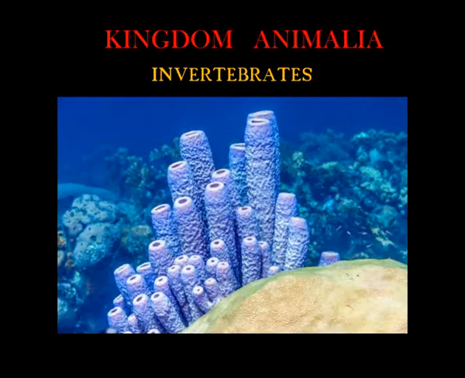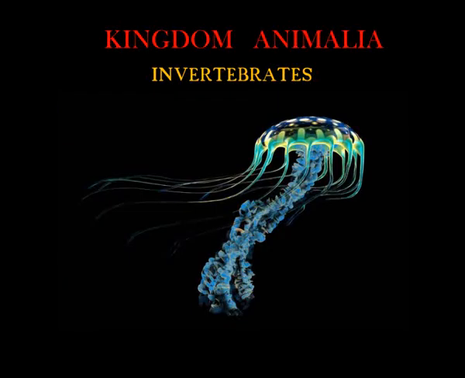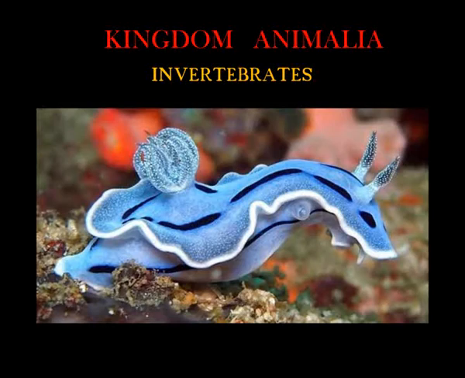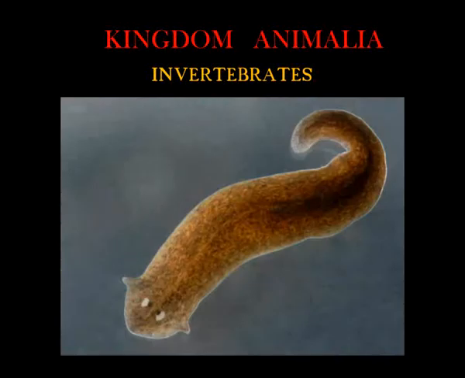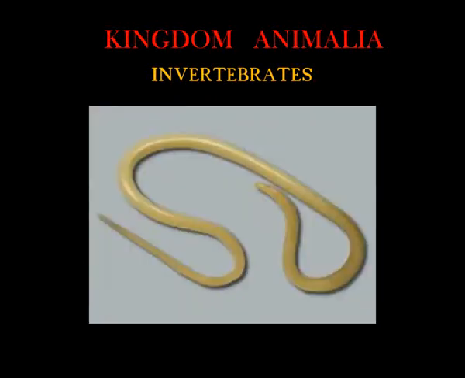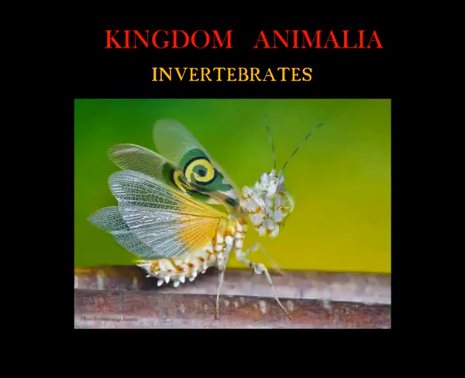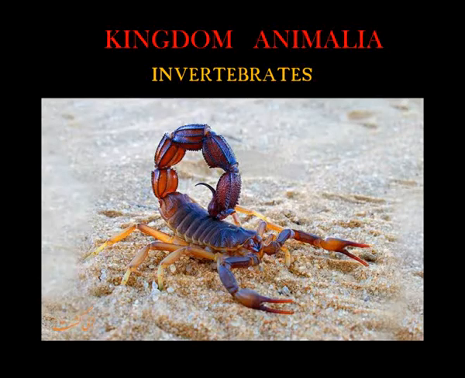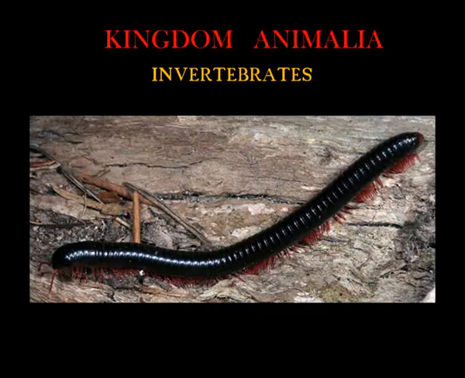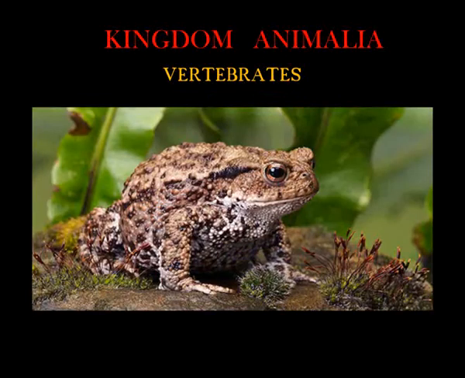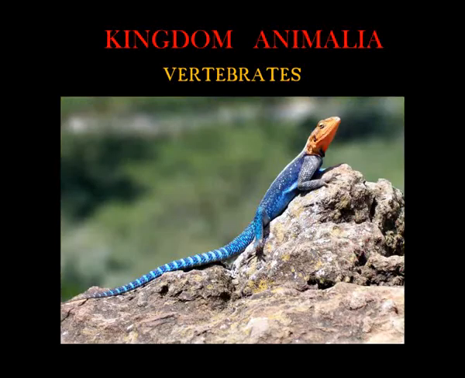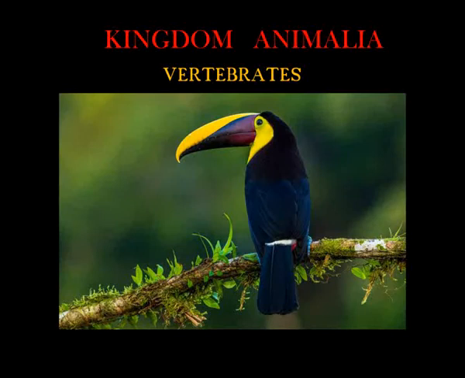Inside invertebrates, we had the porifers, cnidarians, mollusks, flatworms, nematodes, and arthropods: insects, arachnids, crustaceans, and myriapods. And inside the vertebrates, we had fishes, amphibians, reptiles, birds, and mammals.